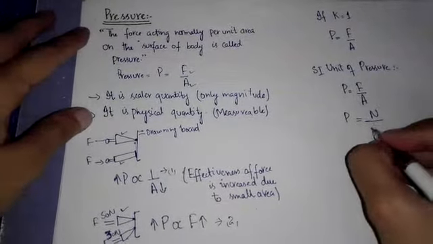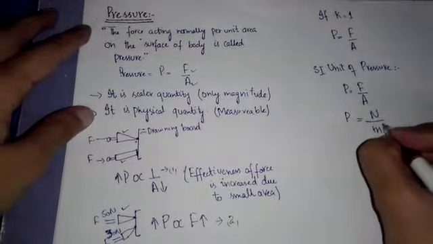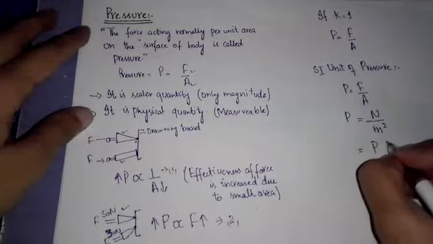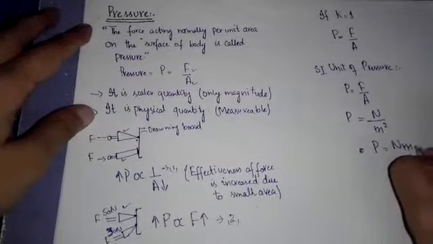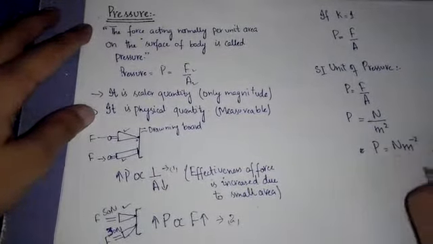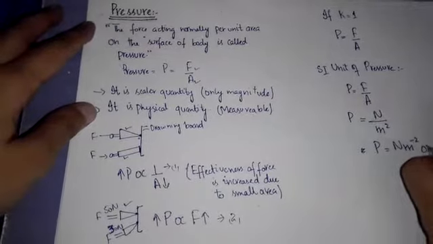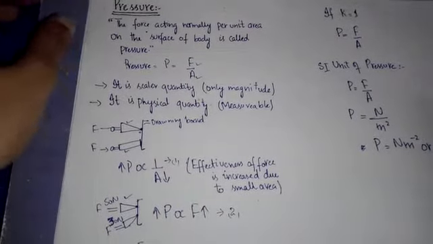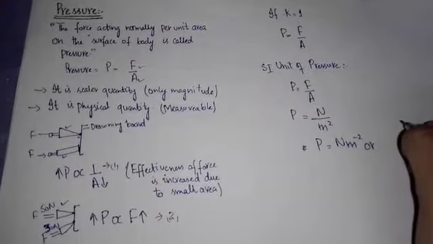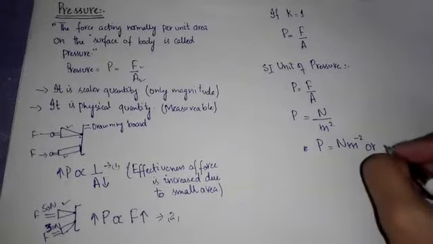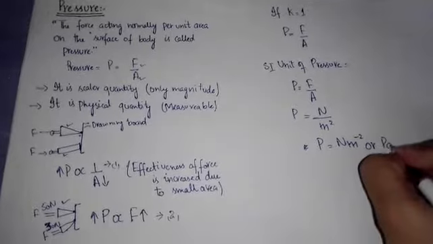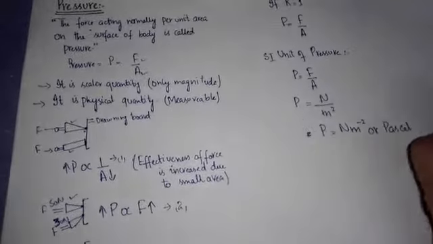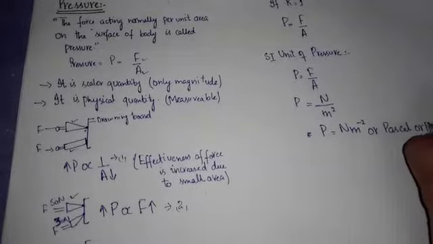So we can say that the unit of pressure is Newton per meter square, right? Or in the international system, international standards, the unit of pressure is Pascal, which is represented by Pa.